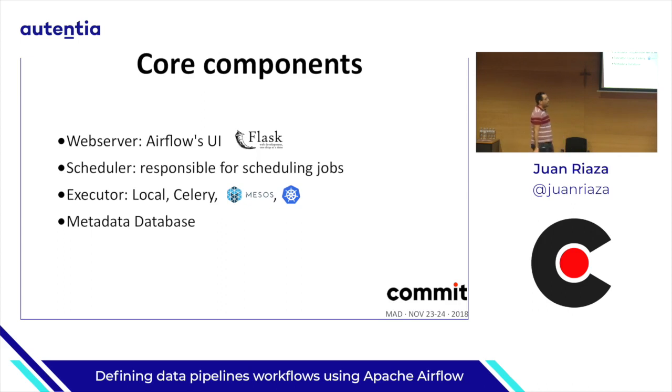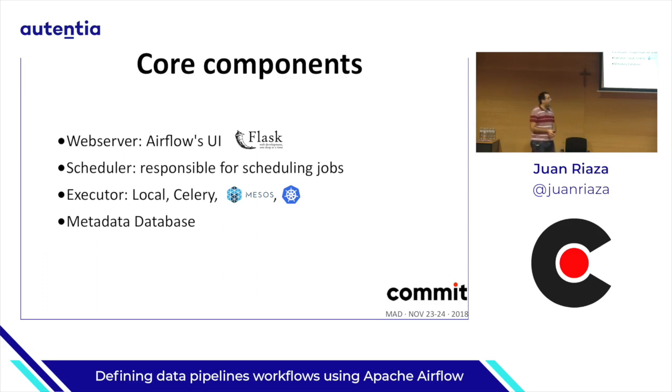So the core components: we have the web server, which pretty much is the Airflow UI. It's using Python Flask. The scheduler, which is responsible for scheduling jobs, and then we have different kinds of executors. So those are the workers. We have local, which is just a Python process working locally. We have Celery. That's the most popular option, and it's the de facto way of doing queue-based task workers using Python.